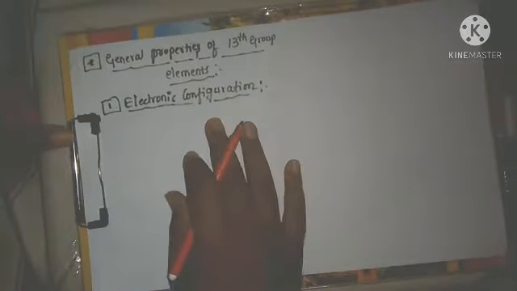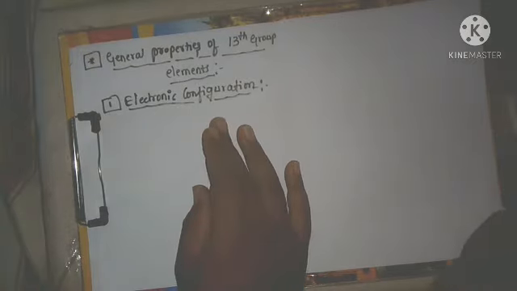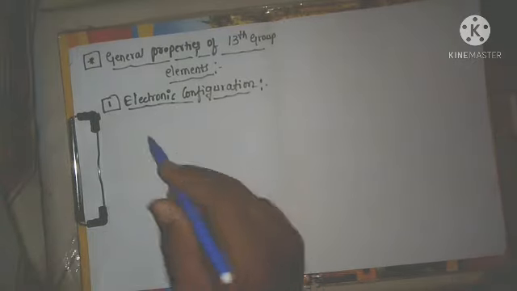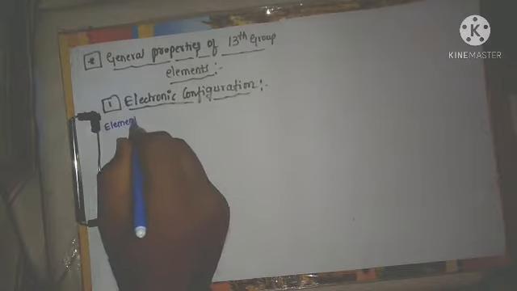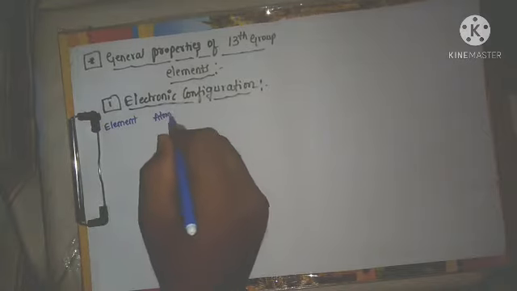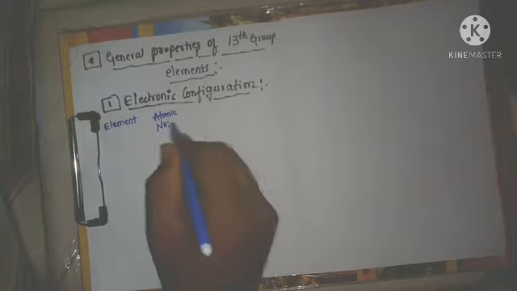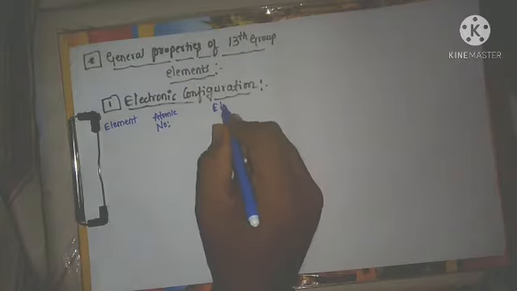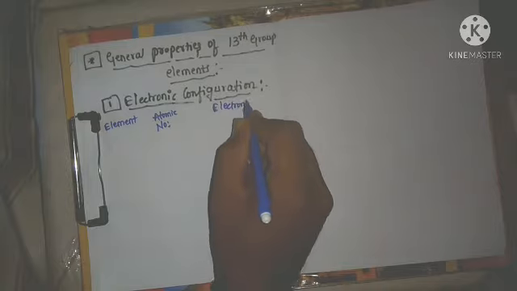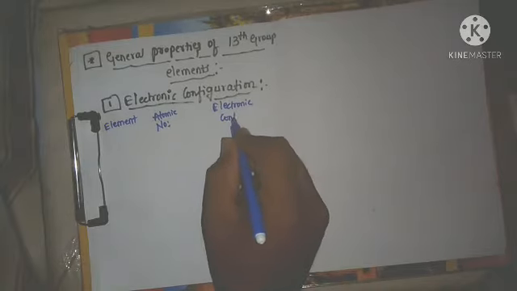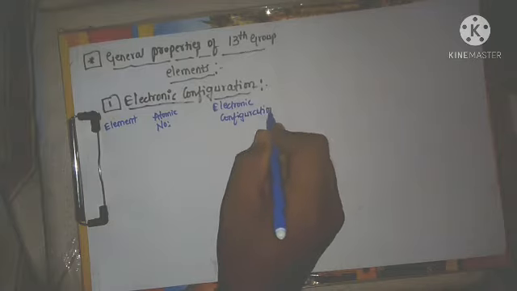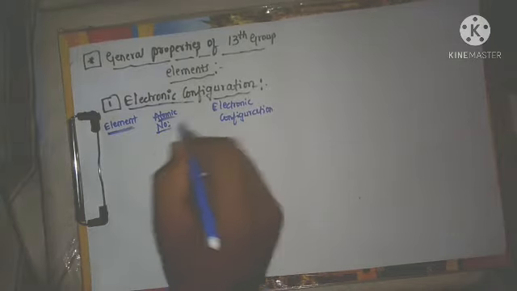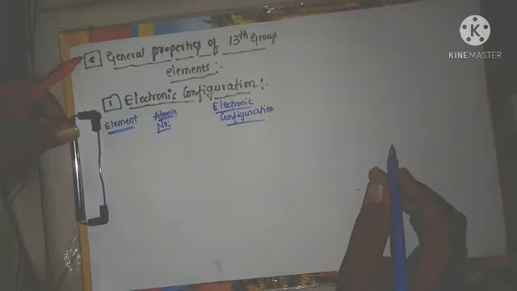Now I want to make the columns for this one. First the element, next the atomic number, and the last column, as you already know, is the electronic configuration. I made how many columns? 3 columns: element, atomic number, and electronic configuration.